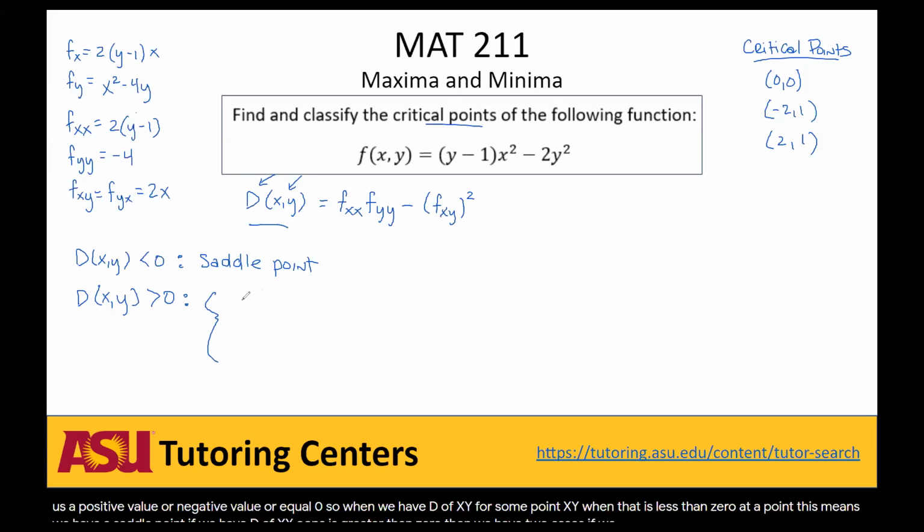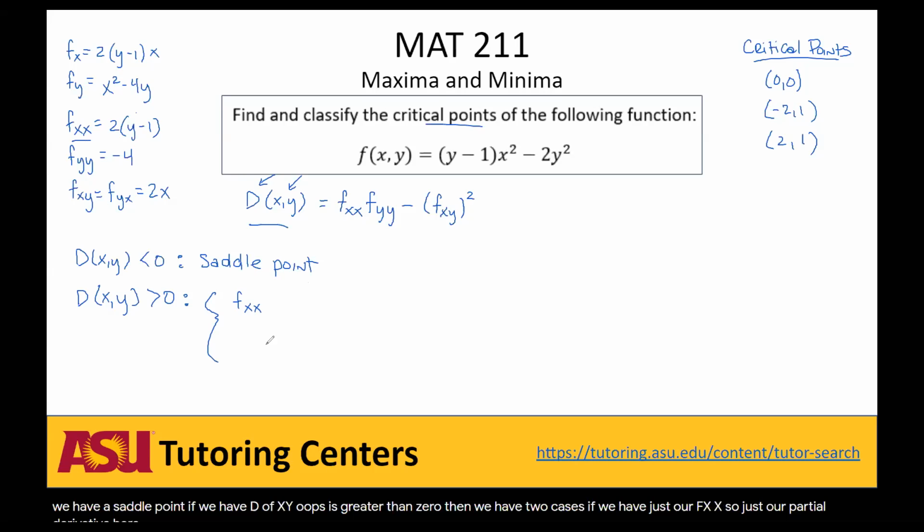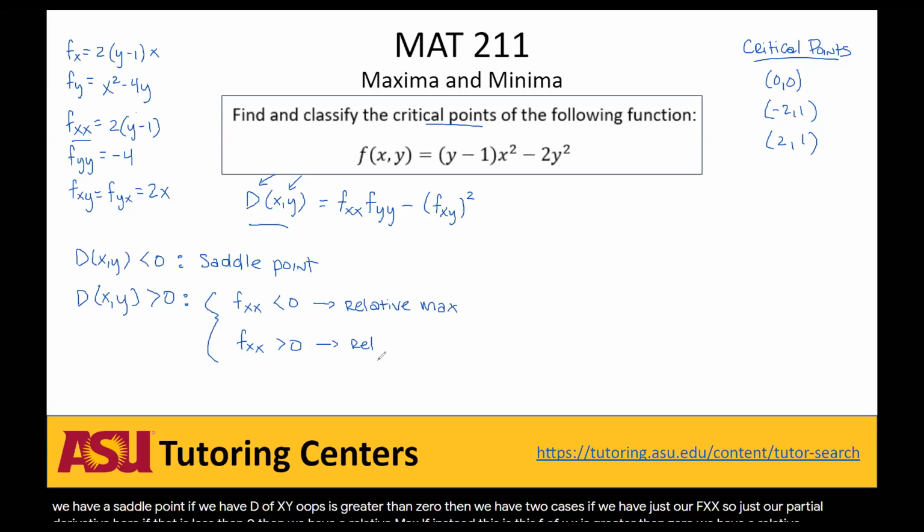If we have just our f of xx, so just our partial derivative here, if that is less than 0, then we have a relative max. If instead this f of xx is greater than 0, we have a relative min.